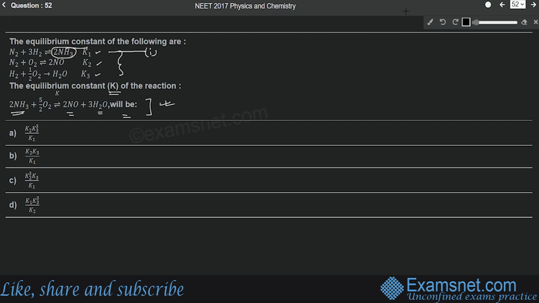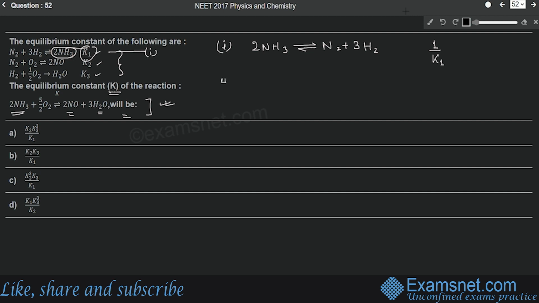That means we have to reverse the first reaction. Okay, so the first one will be reversed and it will become 2NH3 and this side will have N2 plus 3H2, right? So if we reverse this reaction, then its equilibrium constant will also be inverted, right? So it will become 1 by K1, this will be the equilibrium constant of this reversed reaction.